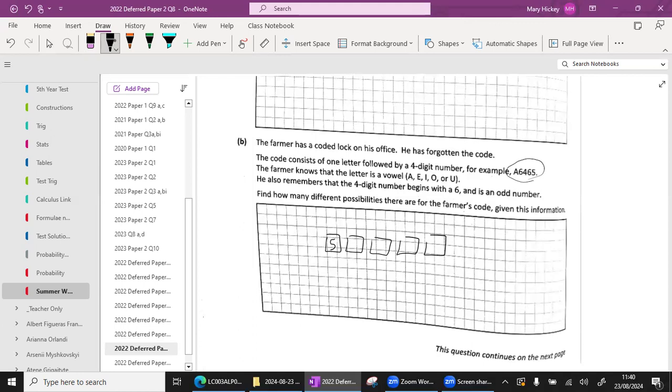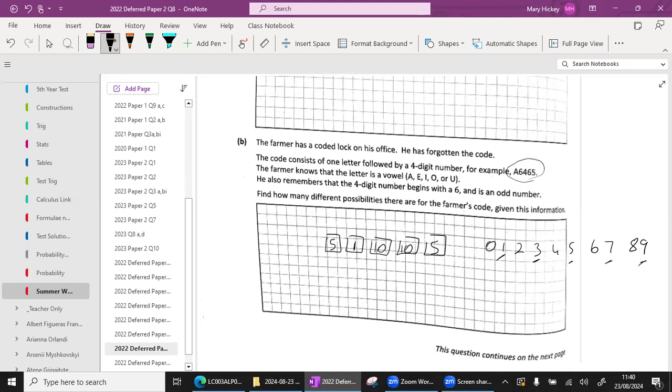He also remembers that the 4-digit number begins with a 6. So we've only one choice there. It has to be 6. And it is an odd number. So if we think of all the digits that are available to us, we know 1, 3, 5, 7, and 9. So we have 5 choices there. Now, given that we seem to be allowed repetition, then we have 10 choices for the remaining spaces.